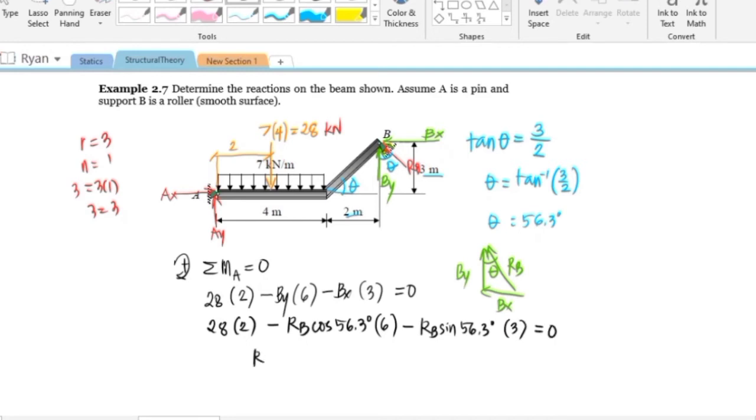Now, solving for the value of the RB using your calculator, then we would have 9.61 kilo Newton. Since positive yung lumabas na sagot, meaning yung assumption natin that RB is directed in this direction is correct.